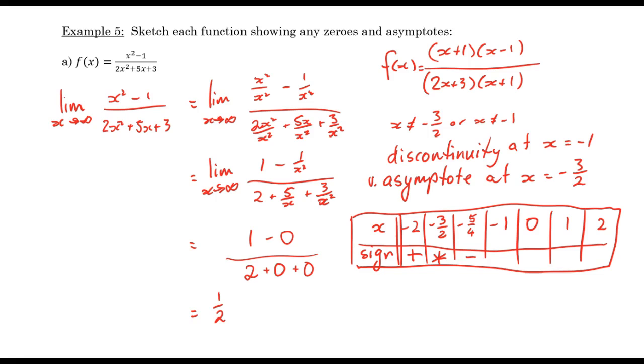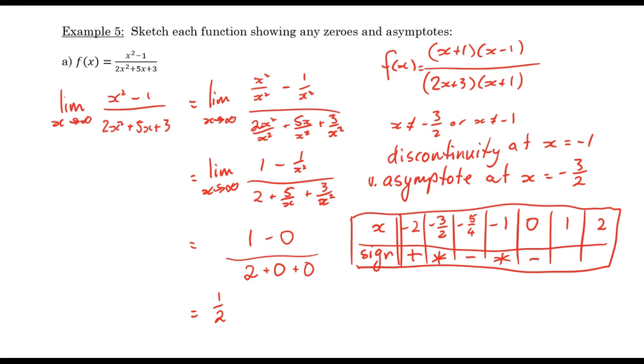At negative 1, undefined, can't divide by 0. It's an easy one. At 0, I get 1 by negative 1. Negative denominator, negative numerator. 3 times 1, a positive denominator. Negative divided by a positive is a negative.